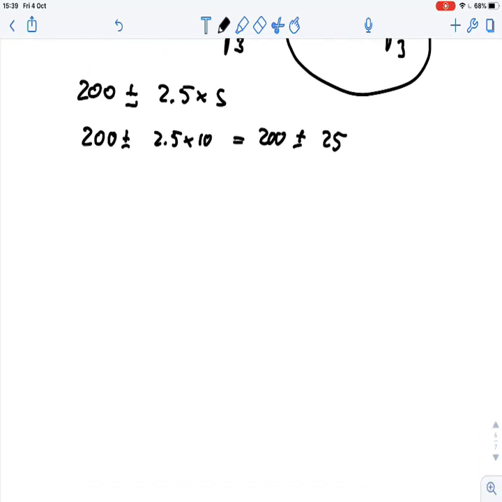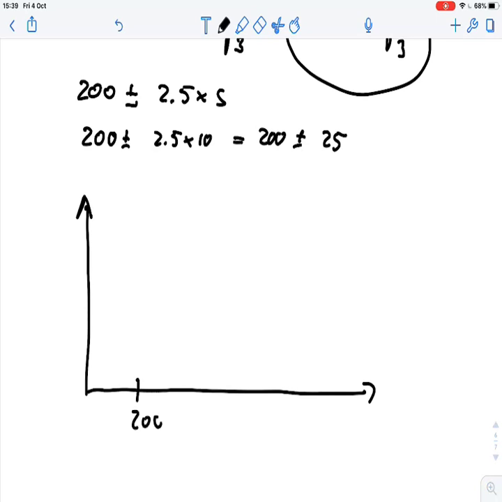And what I want you to do then is plot the accuracy. Here the milligrams, 200, 400.